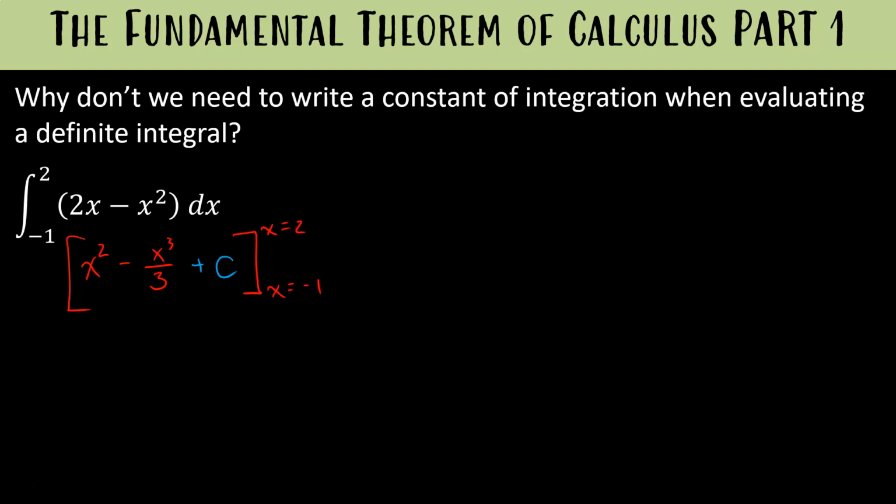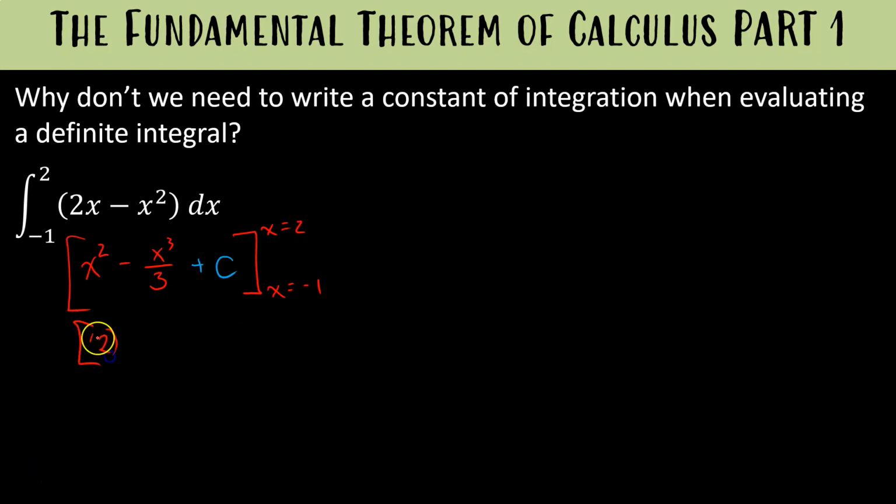Because no matter what that c is, when we take the derivative of x squared, we get 2x. When we take the derivative of minus x cubed over 3, we end up with minus x squared. And the derivative of 2 is 0. The derivative of 10 is 0. No matter what this constant is, it will have a derivative of 0. Okay, so let's continue working.